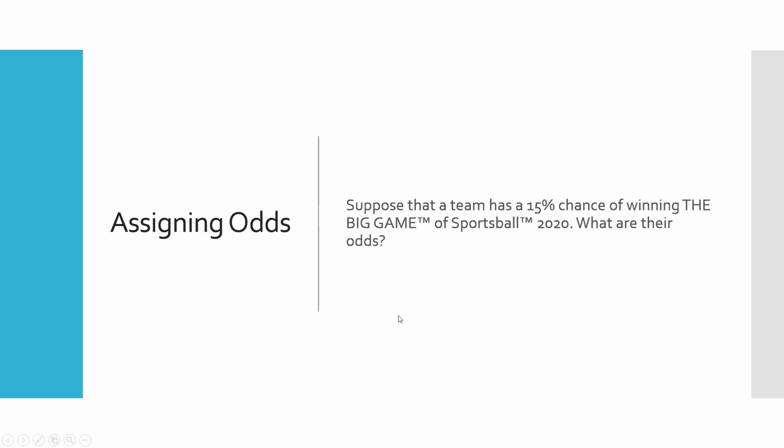All right, so to avoid copyright infringement, suppose for me that this sports team has a 15% chance of winning the big game of sports ball this year. What are their odds? Right, this is their probability. This is the probability of them winning. So what odds would you post?